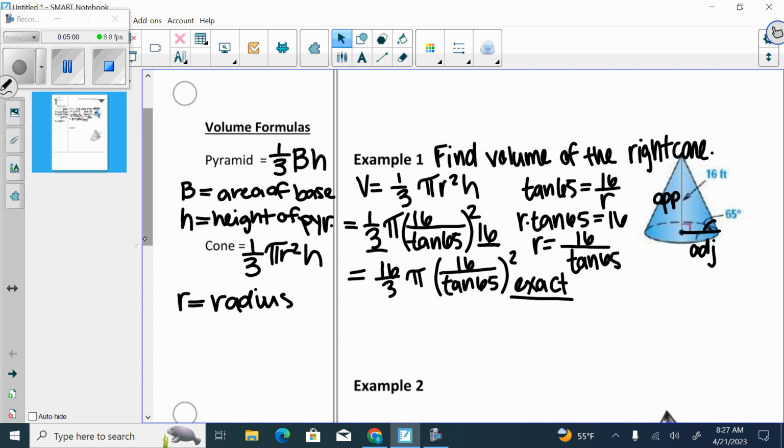But if I want the estimate, I'm going to have to multiply by pi, and I'm going to have to type in that trig there. Make sure our calculator is in what mode? Degrees. Double check that you're in degree mode, and then you can type this in exactly as it's written here. Approximately, what do we get there?